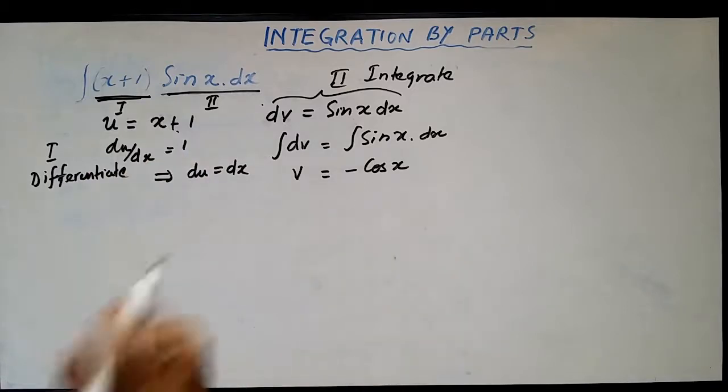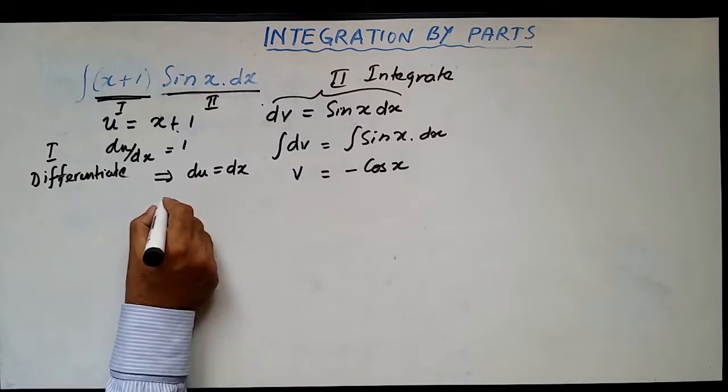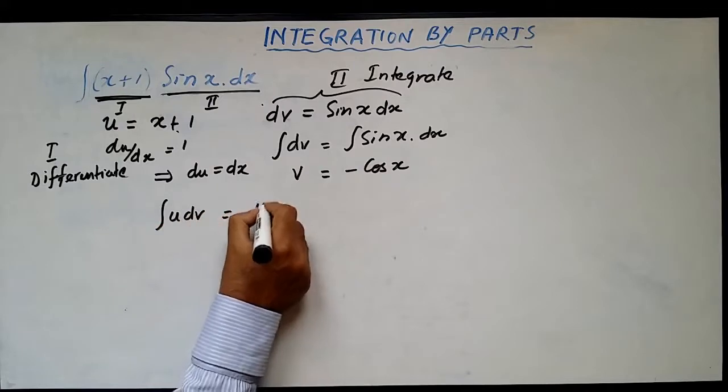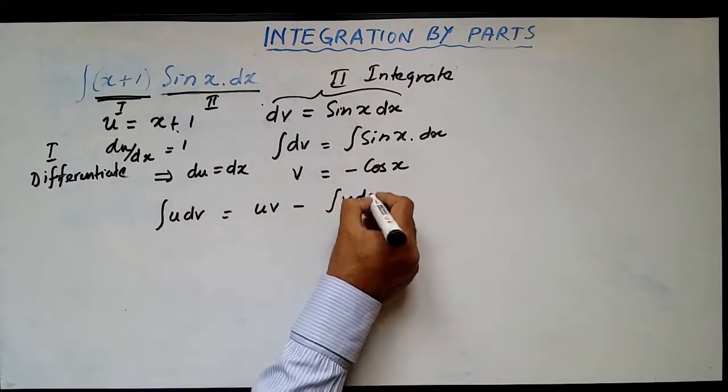Now we just have to plug in all the values in the previous formula. What was the formula? Integration of u dv is equal to uv minus integration of v du.